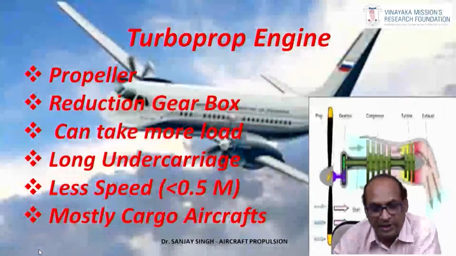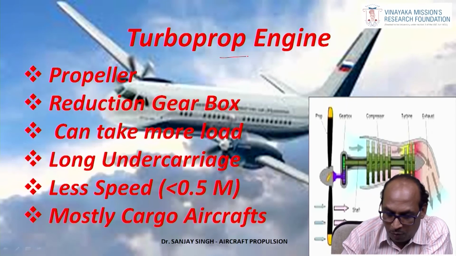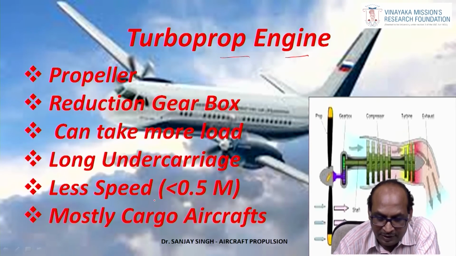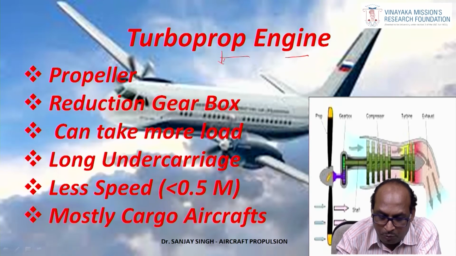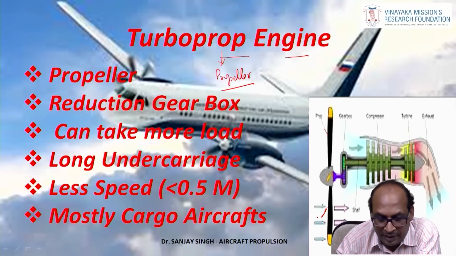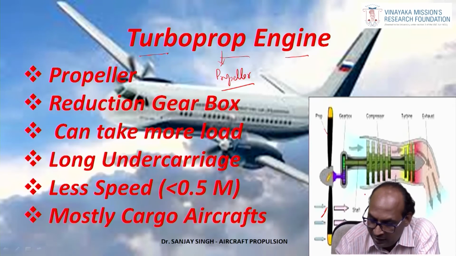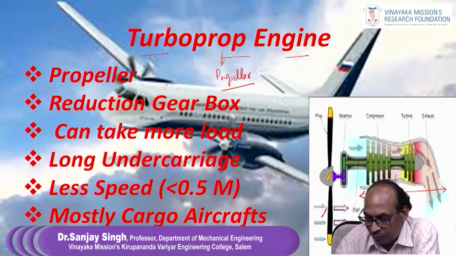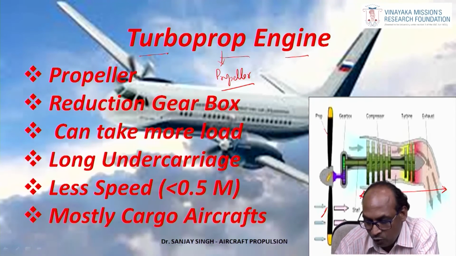Let us move to the next slide, that is the turboprop engine. As I told, the prop word is related to propeller. So we can see the propeller is there in the front of the engine. As it is turbo, the complete turbojet engine will be used.